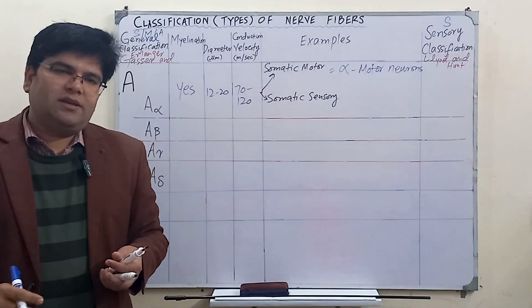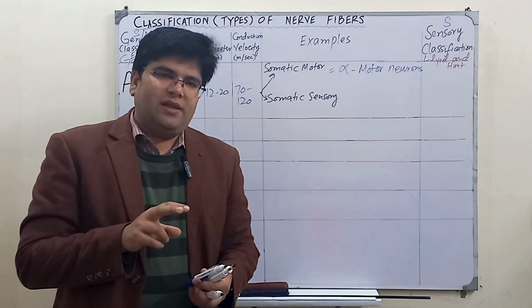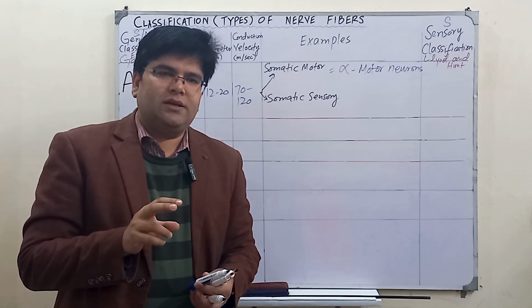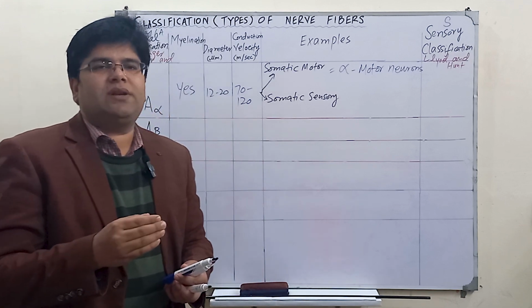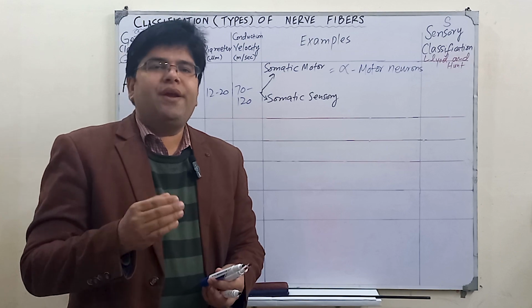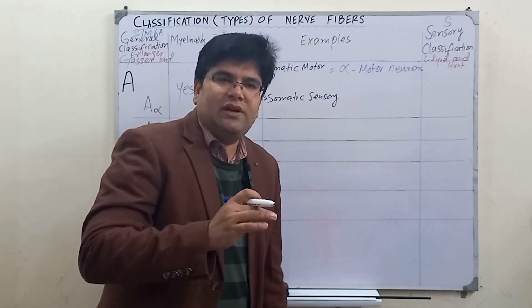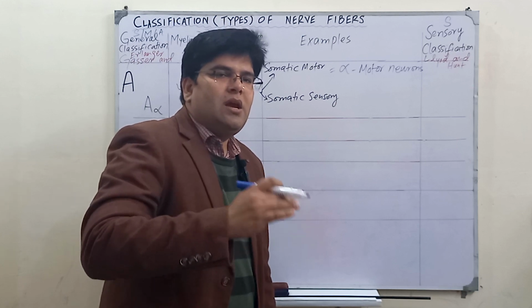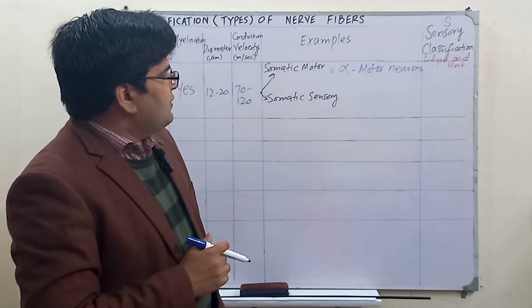And you know very well that in our skeletal muscles there are two types of motor fibers which supply them. One is the nerve fiber that supplies extrafusal muscle fibers, and the other is the nerve fiber which supplies intrafusal muscle fibers. These alpha motor neurons are the ones which make the neuromuscular junction with the extrafusal muscle fibers.